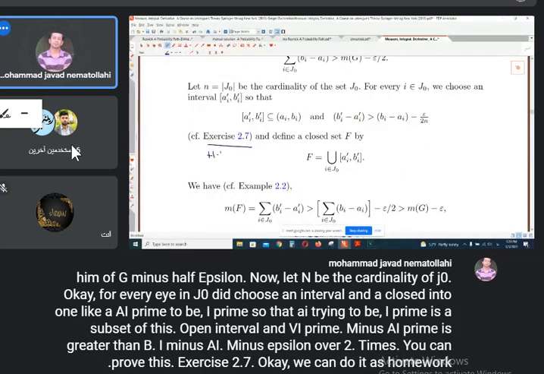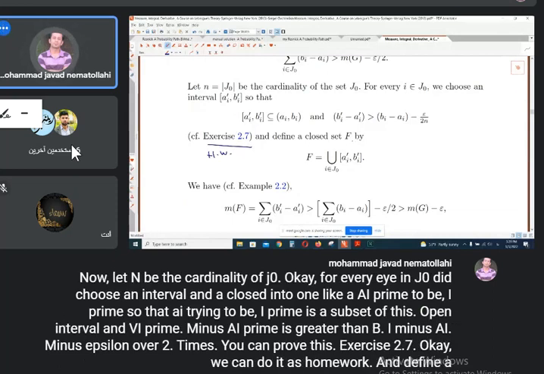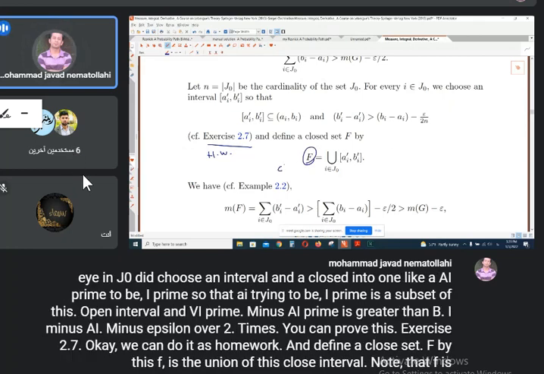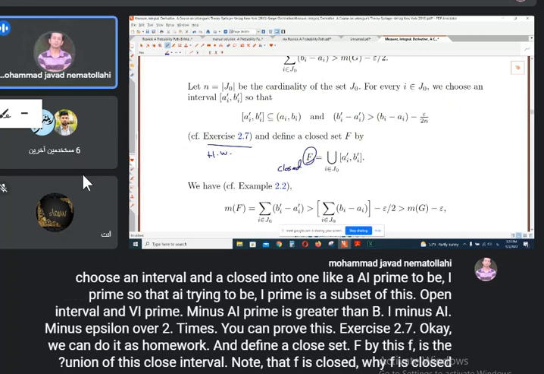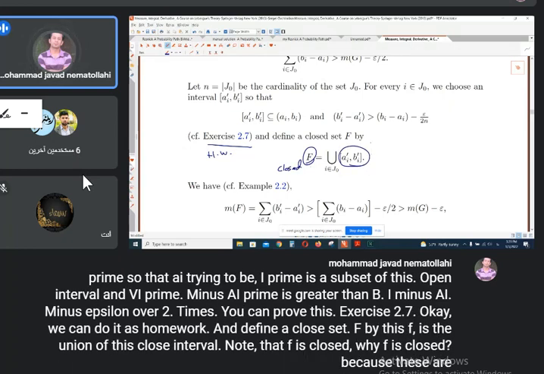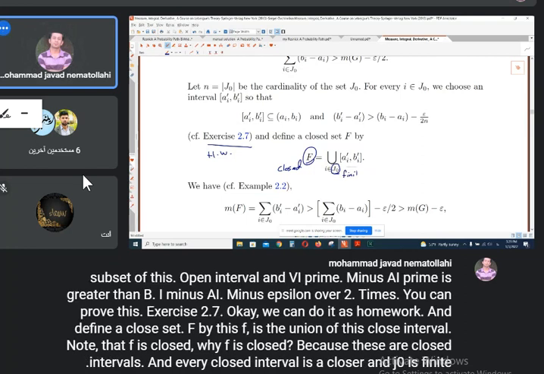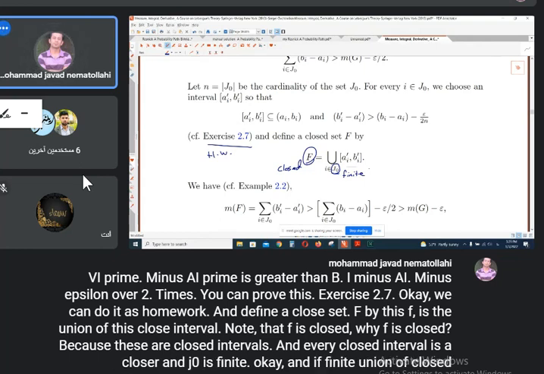And define a closed set F as the union of these closed intervals. Note that F is closed. Why? Because these are closed intervals, every closed interval is a closed set, and J0 is finite. Any finite union of closed sets is closed.